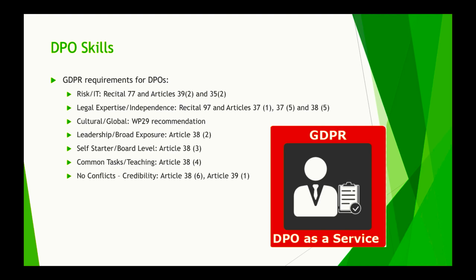Regarding no conflicts and credibility, Article 38(6) allows DPOs to fulfill other tasks if any such tasks and duties do not result in a conflict of interest. DPOs who are members of the data controller's organization may be performing roles that conflict with their DPO role.